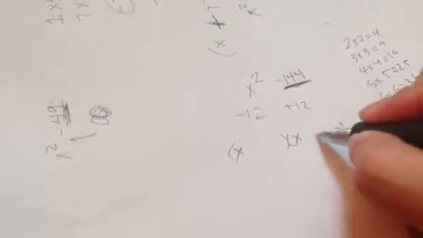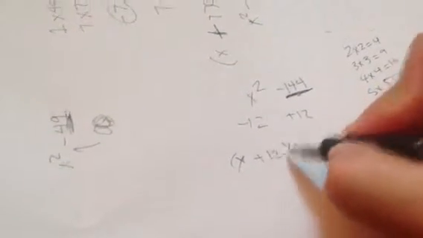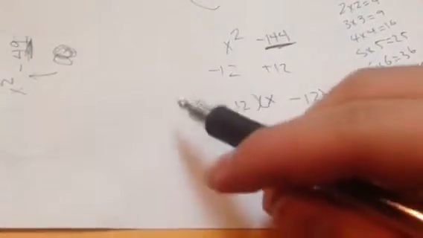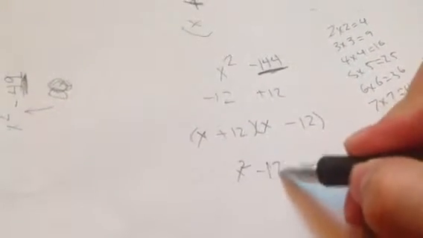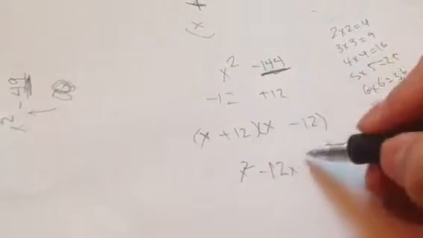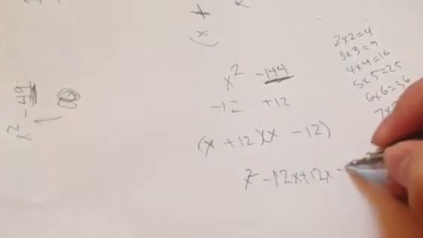Then you multiply the outside. I'll just put the negative 12 on this side and the plus 12 over here. So you multiply these two. The first would be x squared. Then outside would be minus 12x. Inside would be plus 12x, and then last would be negative 144.